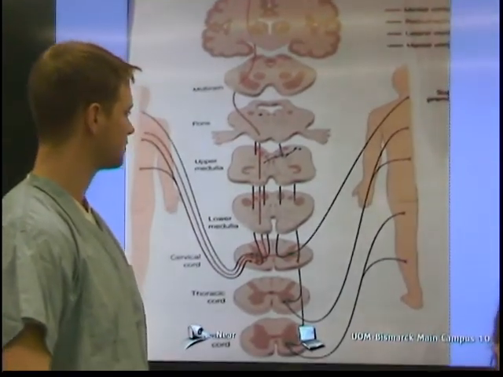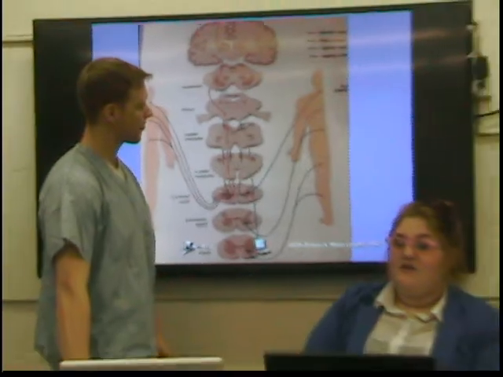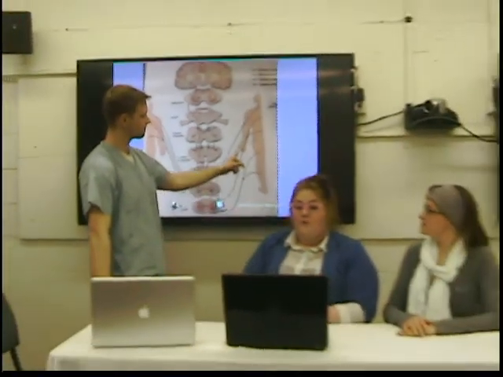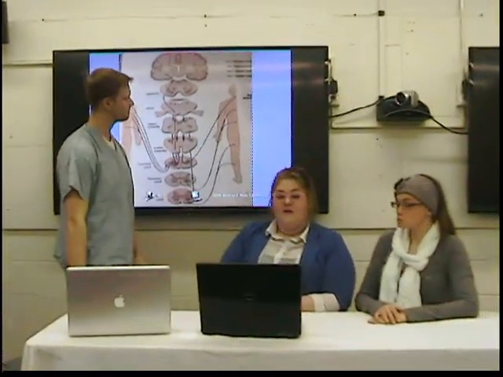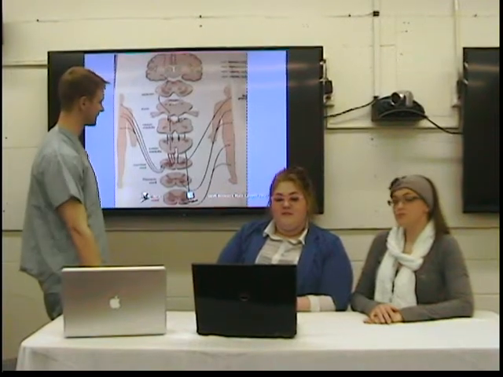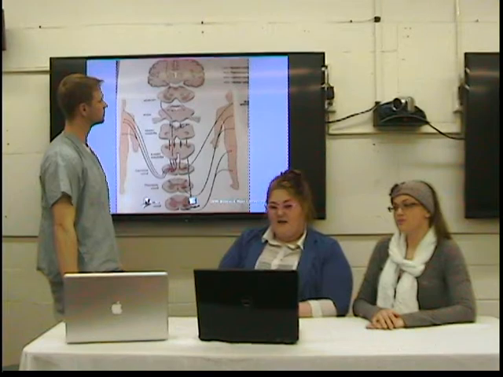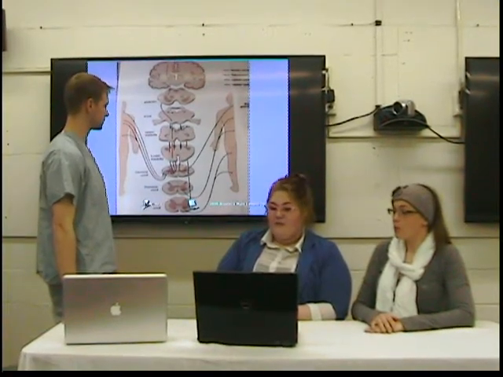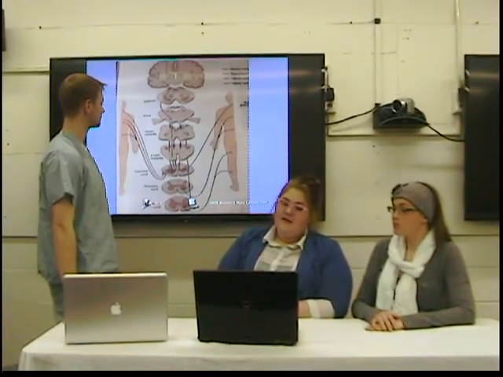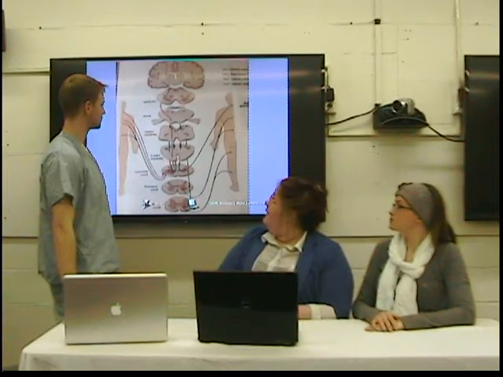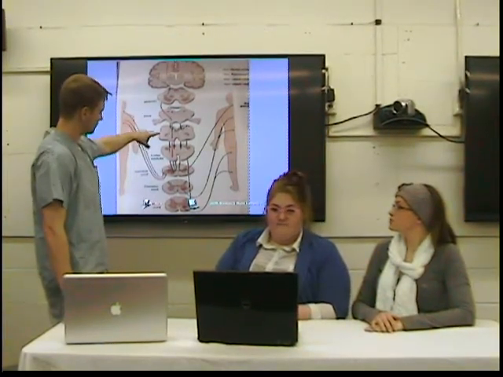Any stroke affecting this tract will result in the inability to walk, raise your arms, or move from sitting to standing. The medial vestibular tract receives information about the head movement from the vestibular apparatus located in the inner ear and uses that information to control the position of the head. It begins in the upper medulla and ends in the cervical spinal cord.